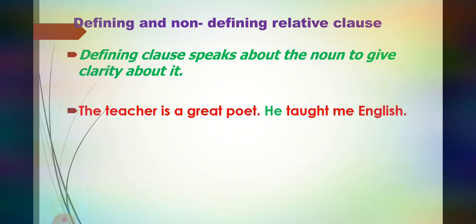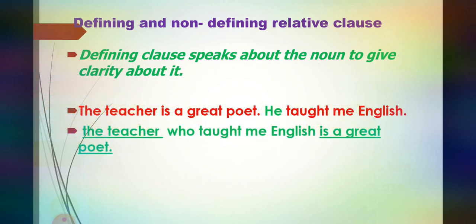He taught me English. So both pieces of information are about one person, the teacher. Here he also stands for the teacher. So we can combine this sentence like this: the teacher who taught me English is a great poet.